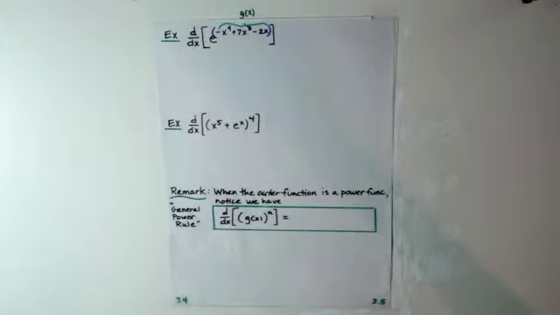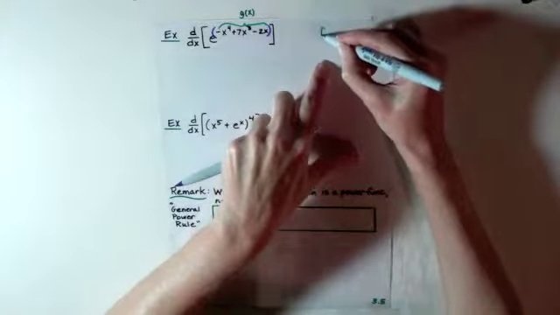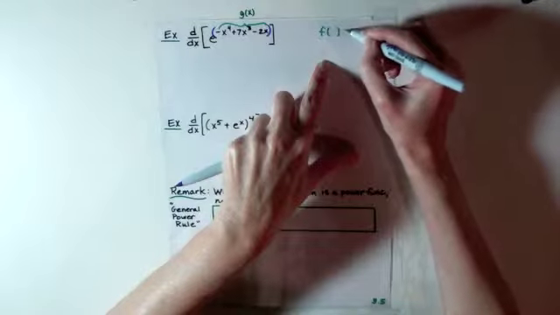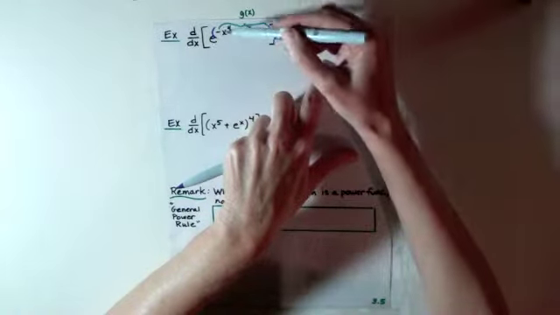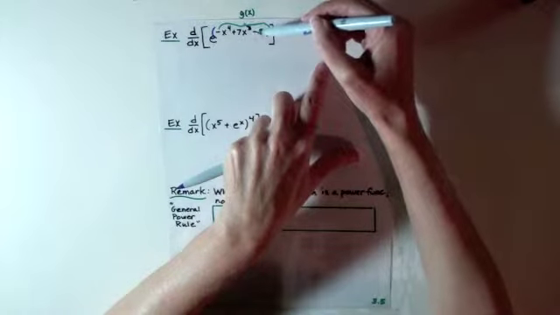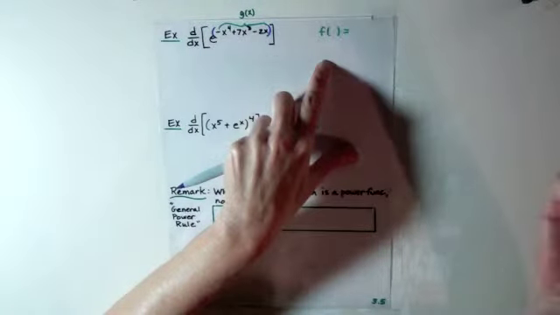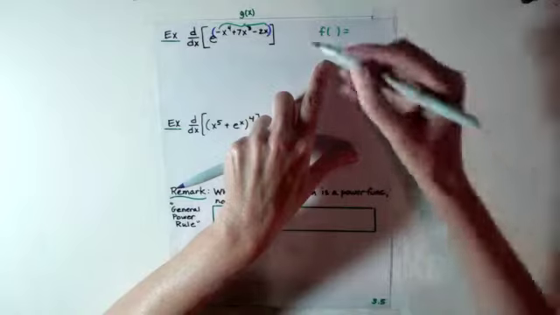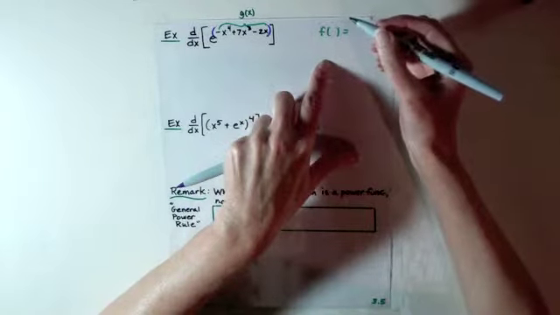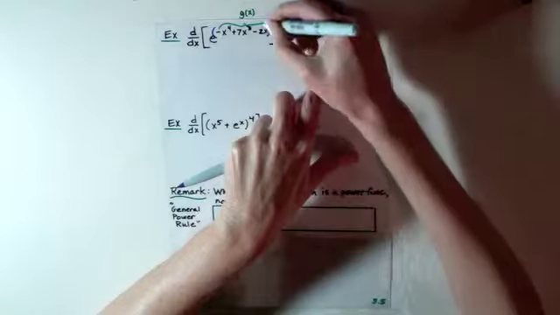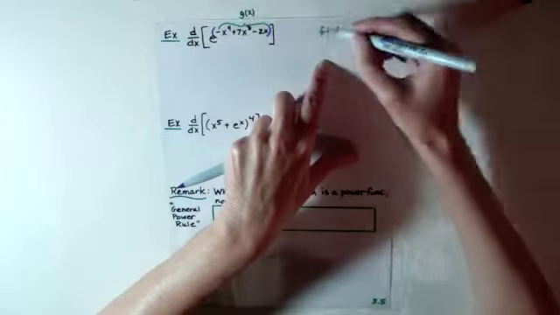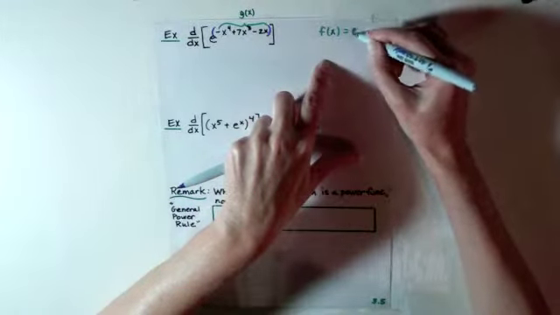Well, if that's the inner function, we have to think in our minds, what would the outer function have to be so that I end up with e to the minus x to the fourth plus 7x cubed minus 2x when I compose those two functions? So let's go ahead and see if we can think about that. My outer function, the thing that this g of x is inside of, is the e to the x function.